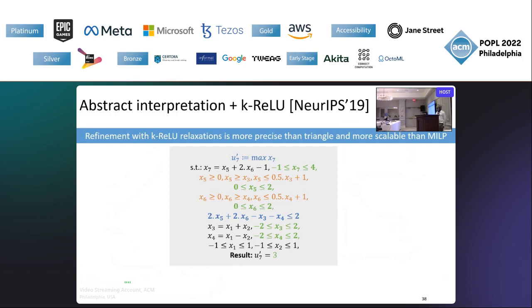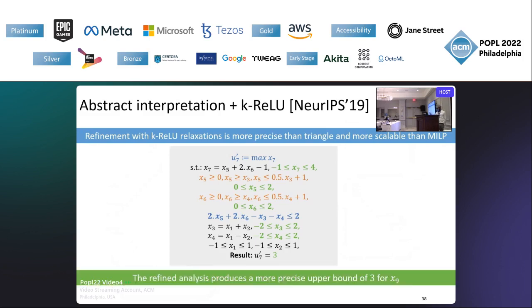So it will have these extra constraints between X5, X6, X3, and X4. As you can imagine, the example has been tailored such that these constraints are useful. So we get that the maximum value is equal to 3. We get the same result as the MILP, but faster. And with this refined analysis, you are able to prove your property that X9 should not be more than 3. So far, so good.